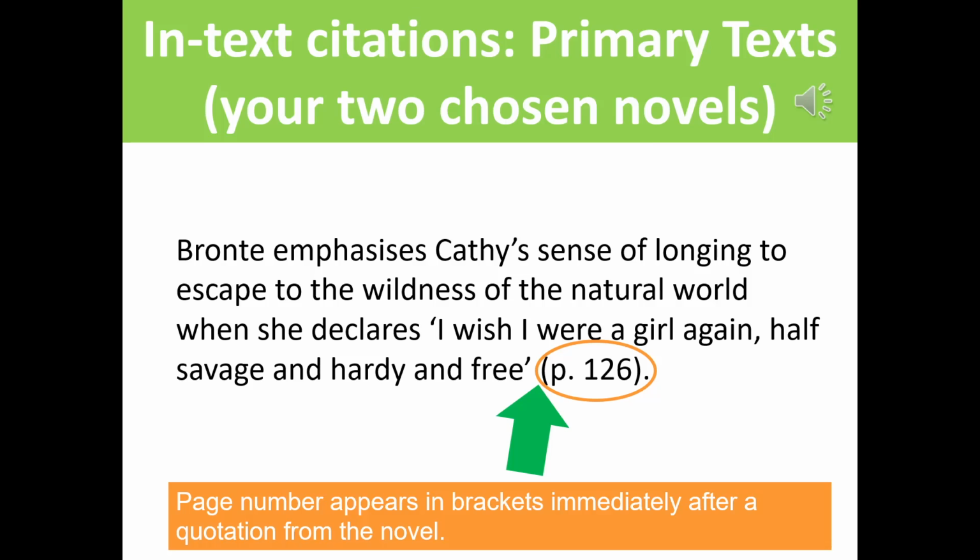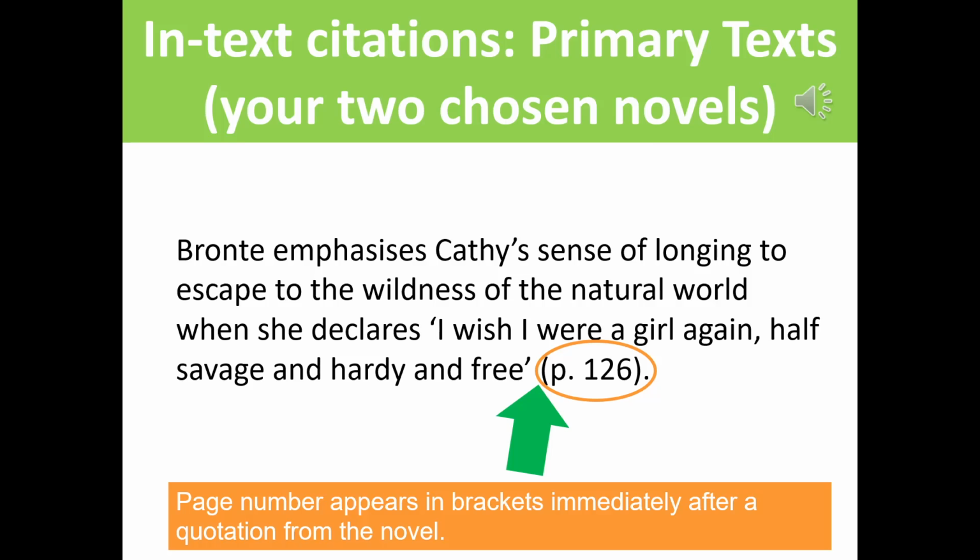And in terms of how it's formatted, you can see I've used round brackets, not square ones, and I haven't written out the full word page. I've used a lowercase p, a dot, and then the page number. If I was using a slightly longer quote that had run over into the next page, then I would put p.126 a dash 127 and then close my brackets.